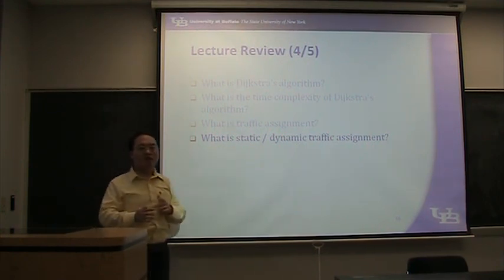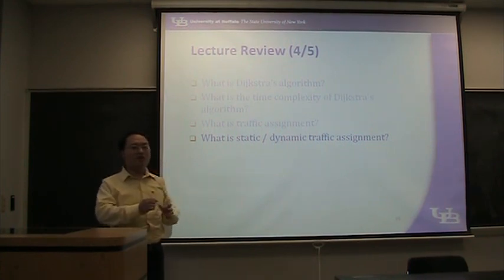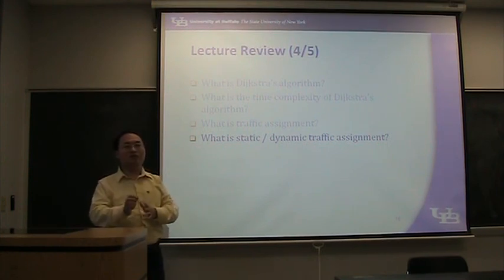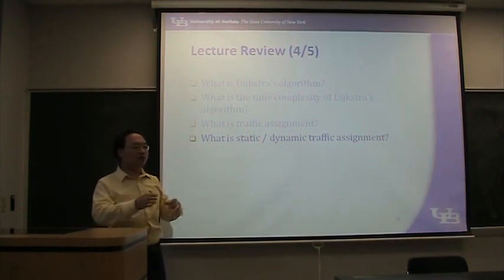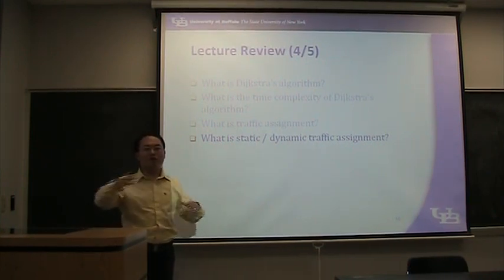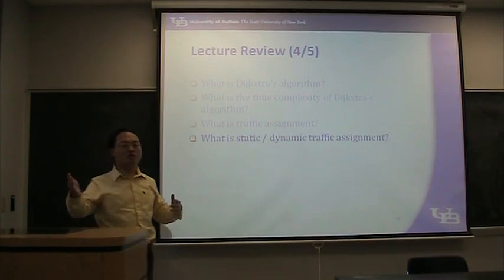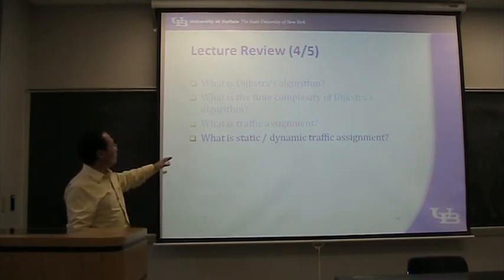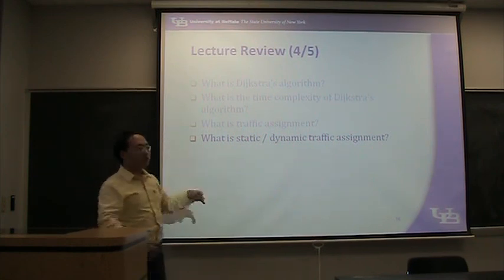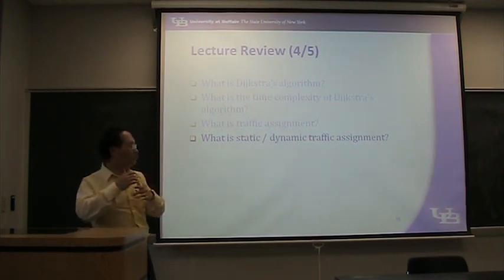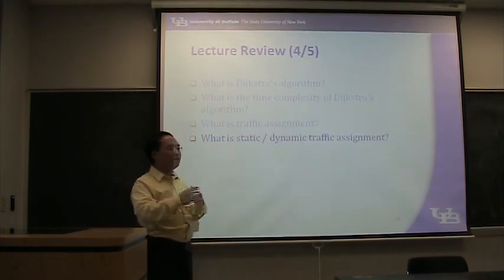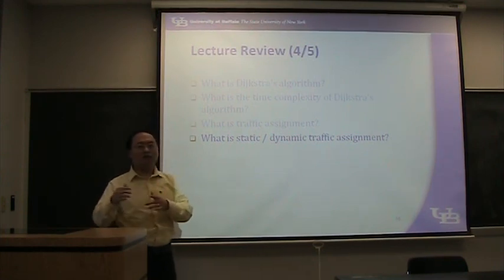This is unrealistic, because at any time point, the traveler will only exist in one link. So there is no way that this traveler can occupy the whole path for the whole trip time range. And that is called static traffic assignment. So if you can simulate, at every time point, where this traveler is, then this becomes a dynamic traffic assignment.